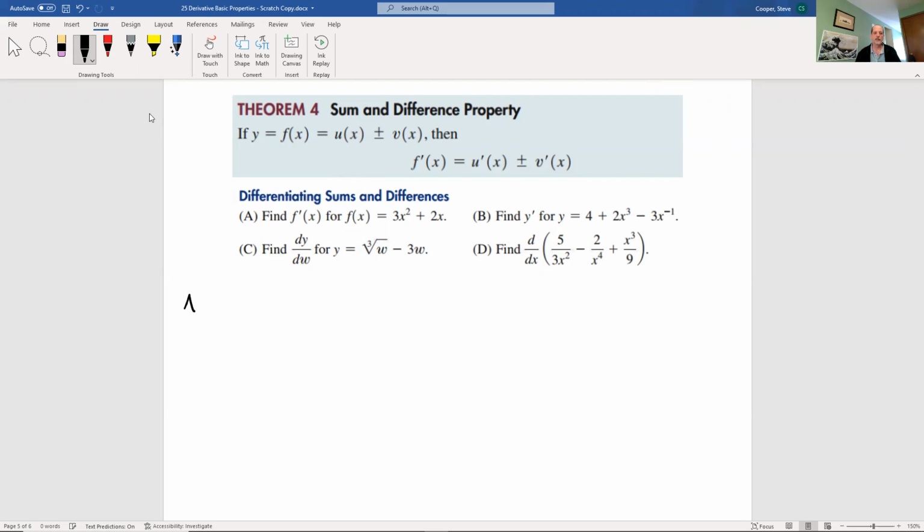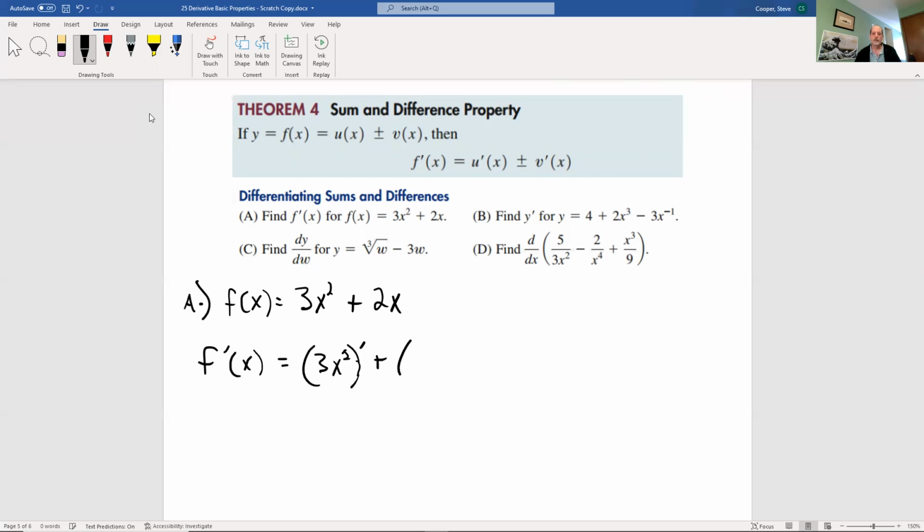Okay, so in that case for A, if f of x equals 3x squared plus 2x, then f prime of x is going to be 3x squared prime plus 2x prime.